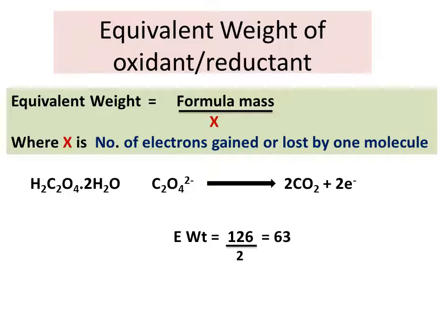Oxalic acid gives 2 molecules of carbon dioxide, and in this process the oxalate ion releases 2 electrons. It gives out 2 electrons, so it loses 2 electrons. So in this whole reaction there is a loss of 2 electrons by one molecule of oxalic acid. So here the number of electrons lost is 2.